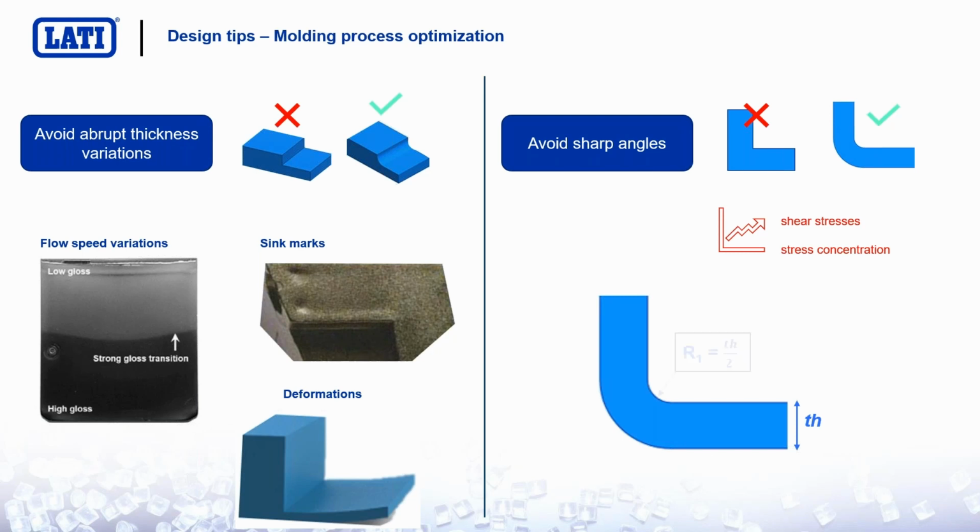The fillet radius has to be chosen on the basis of the thickness or the diameter of the area. The idea behind it is to keep the section as constant as possible upstream and downstream of the corner.